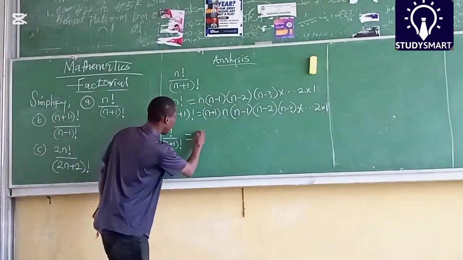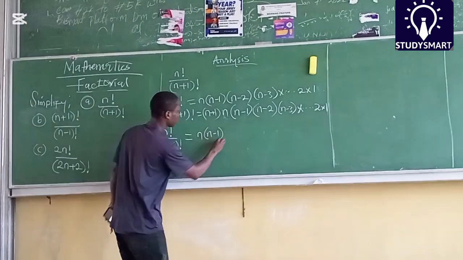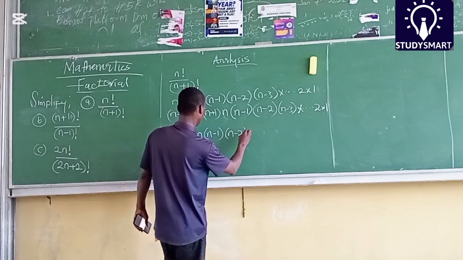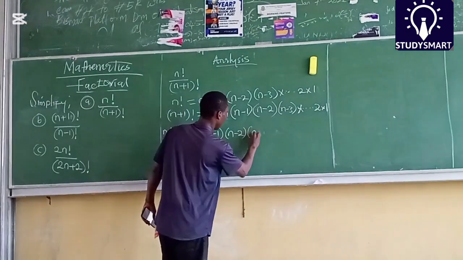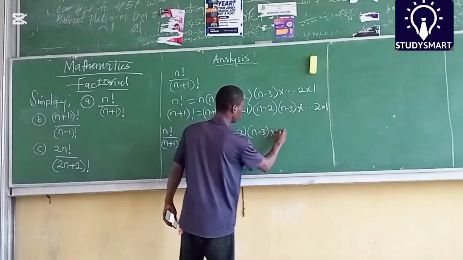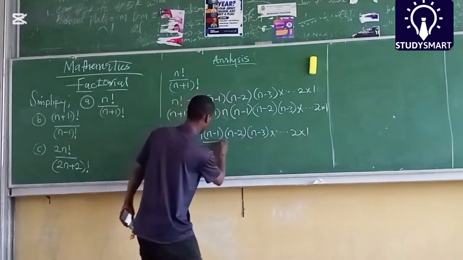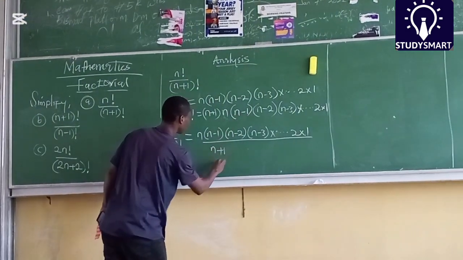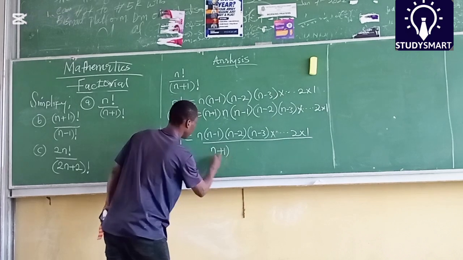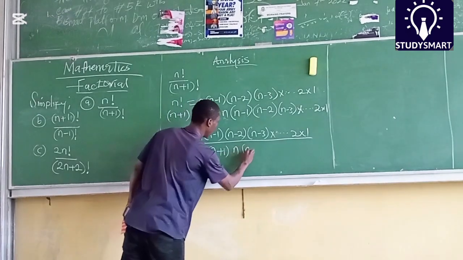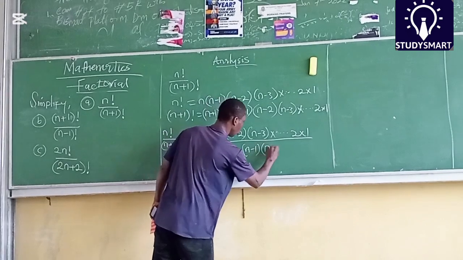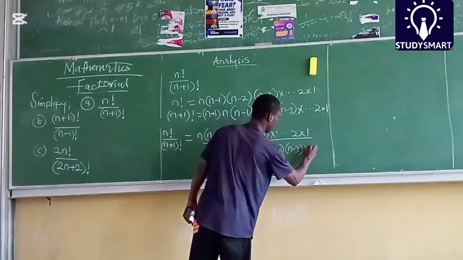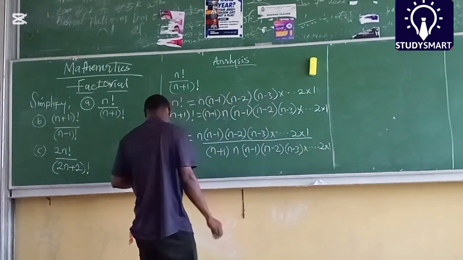So we'll have n plus 1, then multiplied by n, n minus 1, n minus 2, n minus 3, multiplied by 2 times 1.